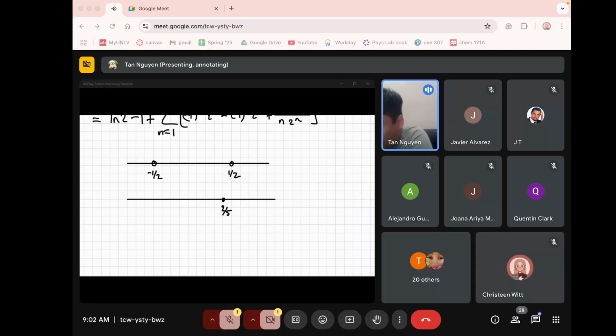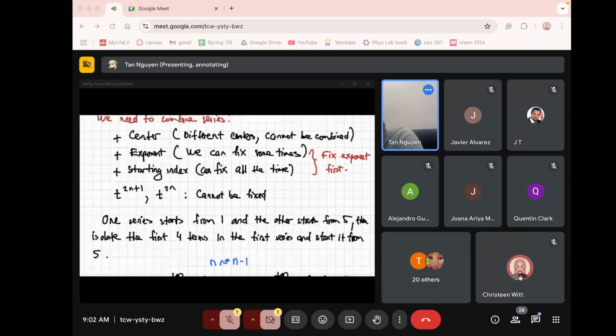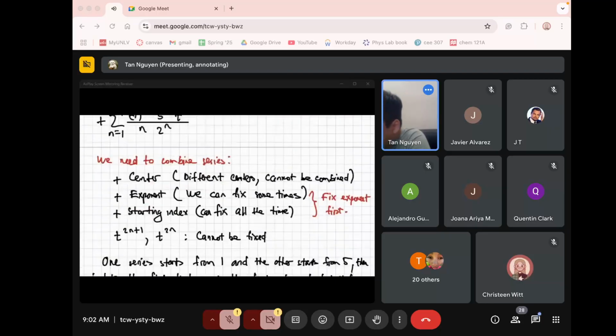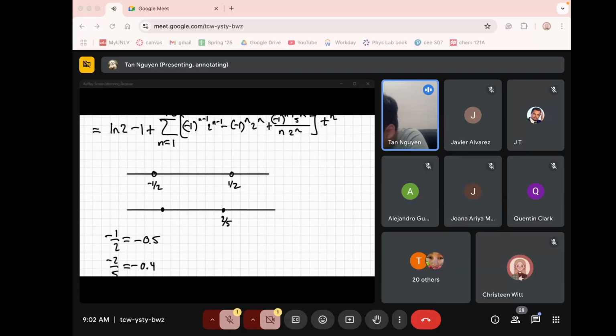Okay, let's do decimal. -1/2 is -0.5, right? -2/5 is -0.4. Yes, so it's going to be on the right. So was this a circle or not? I forgot. Circle, okay. Yes, so that's going to be a circle. -2/5. Am I making sense so far, guys?